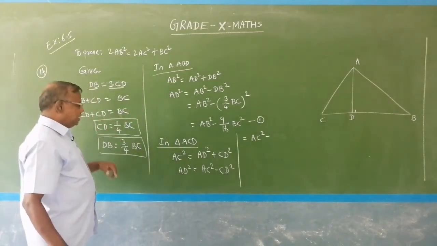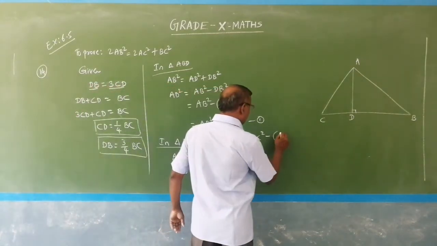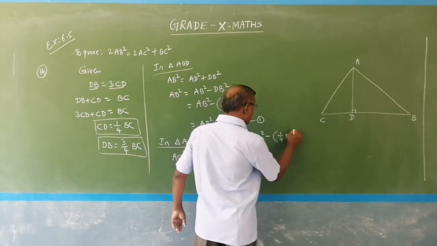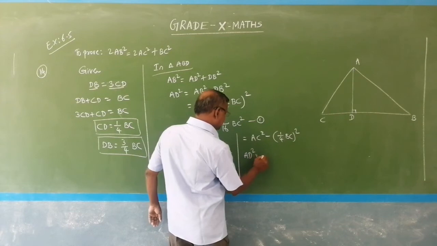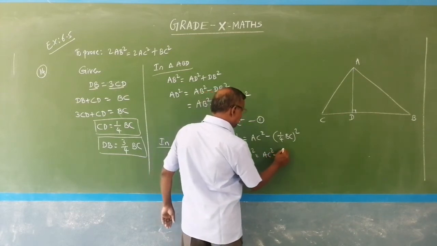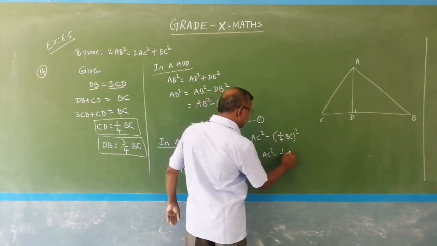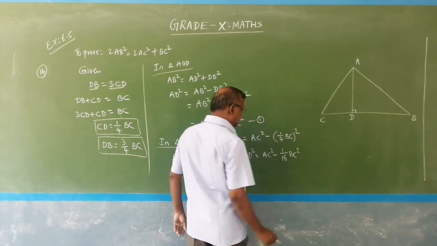We have 1 by 4 BC. So, 1 by 4 BC the whole square. So, AD square equal to AC square minus 1 by 16 BC square.